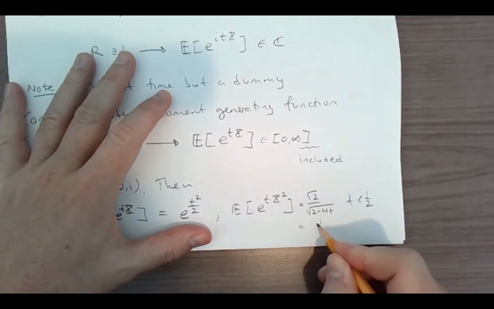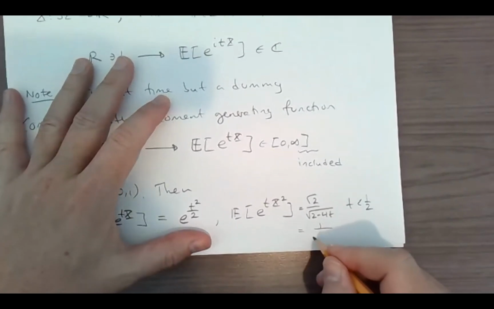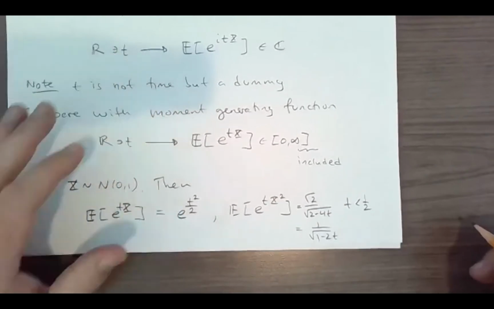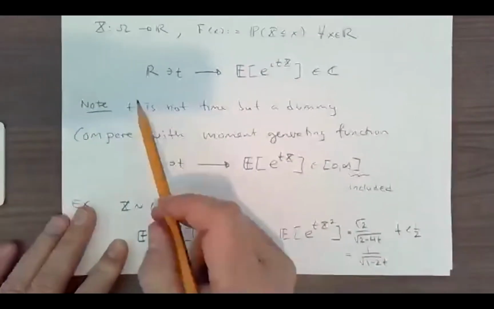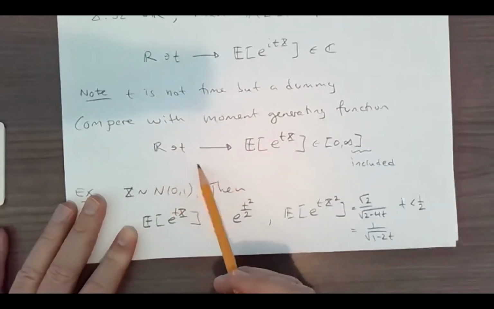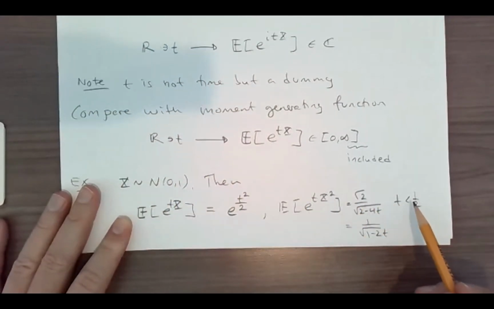This is for t less than a half, so we can simplify some of this. I think this should become 1 divided by root 1 minus 2t. So you see, t is given to be real, but it's only going to be finite when t is less than a half.